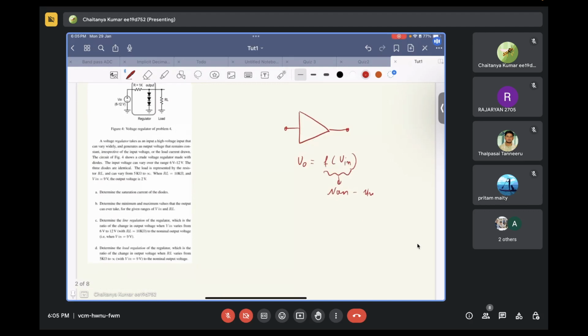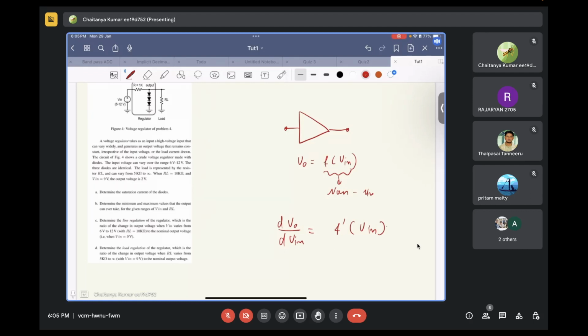Now what we have is the gain. Let's say dVout by dVin is equal to the derivative f dash of Vin, correct?